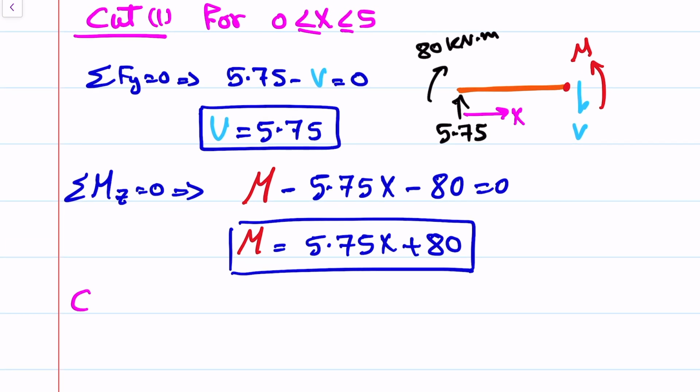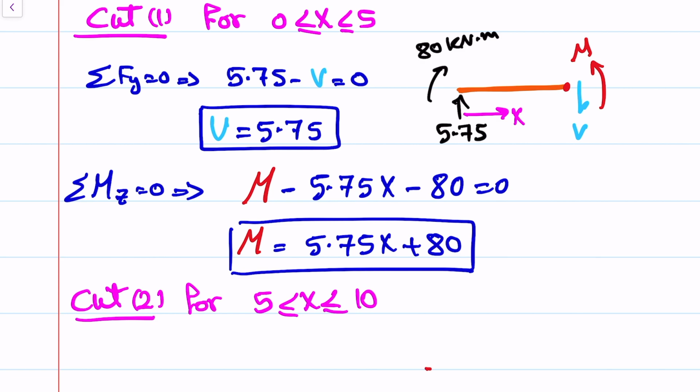And then cut 2 for X between 5 and 10. The beam looks like this. We have here the 5.75.